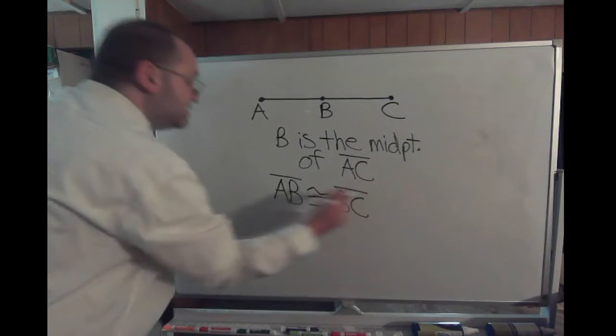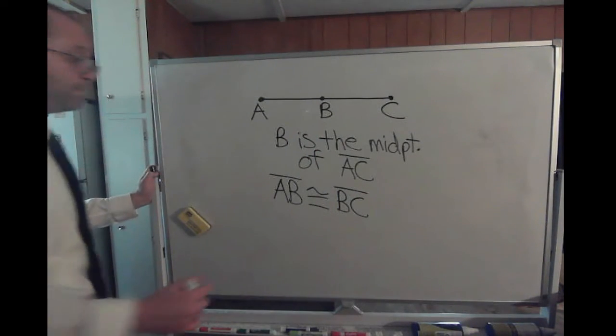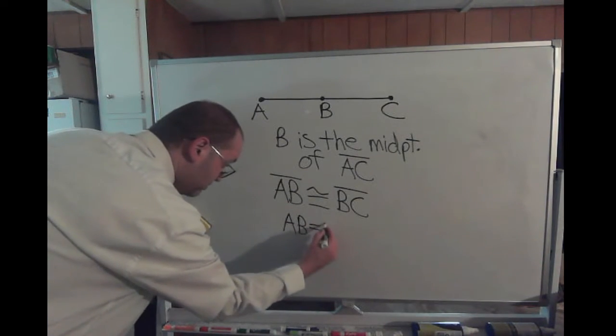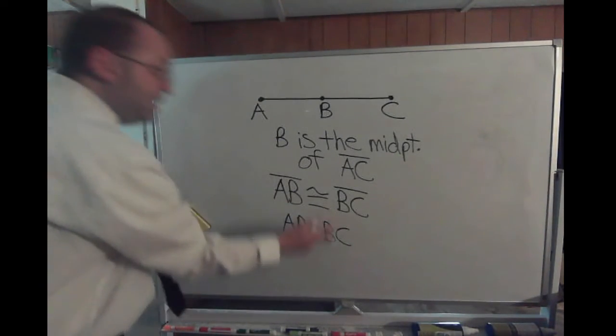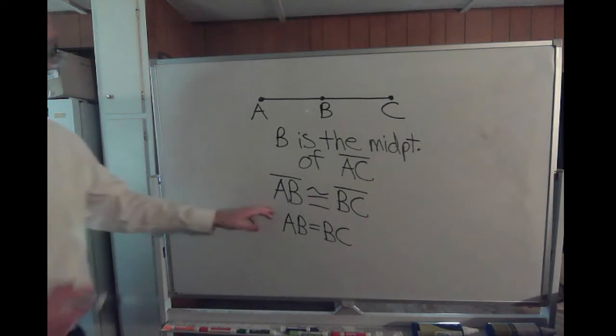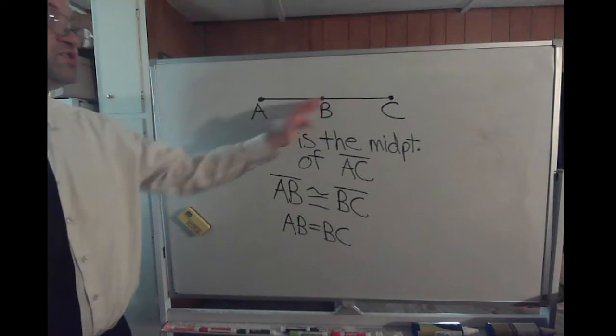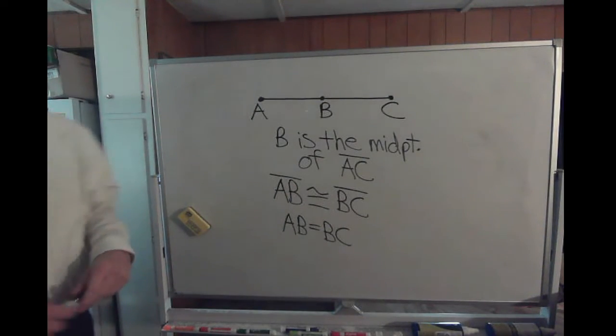It'll split it into 2 congruent segments. Or you could say length AB is equal to length BC. You can write this either way. They both mean the same thing. But that's what a midpoint does, splits one segment into 2 equal segments.